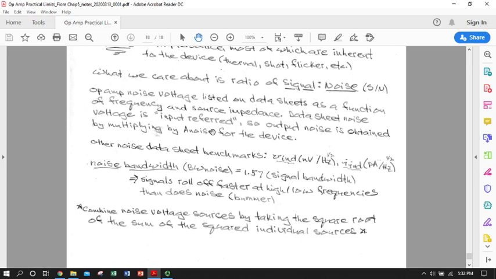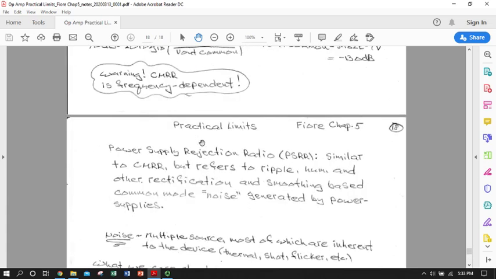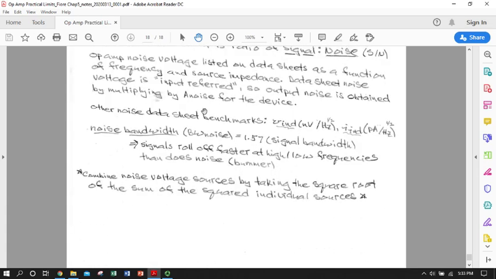So for the purposes of this quarter in this course, you might be asked some general qualitative questions about noise on a quiz. We won't be doing any noise specific calculations, although as a warning, if you're going into an internship or a job or doing a specific project in a later class, these are the type of calculations you might get into. But this is it for our op-amp practical limits discussions. This is our second lecture, and so there's only two, covering the material in Fiore's Op-Amp Text Chapter 5.